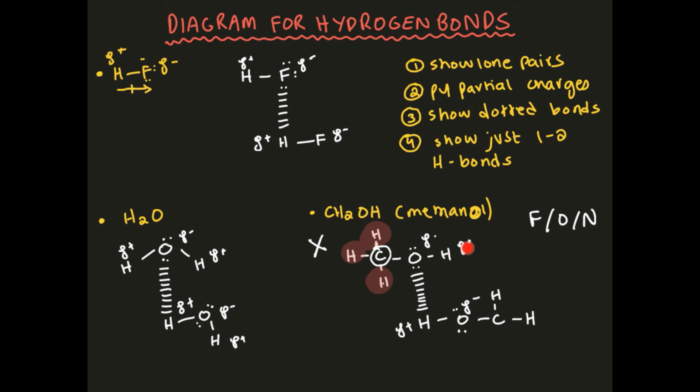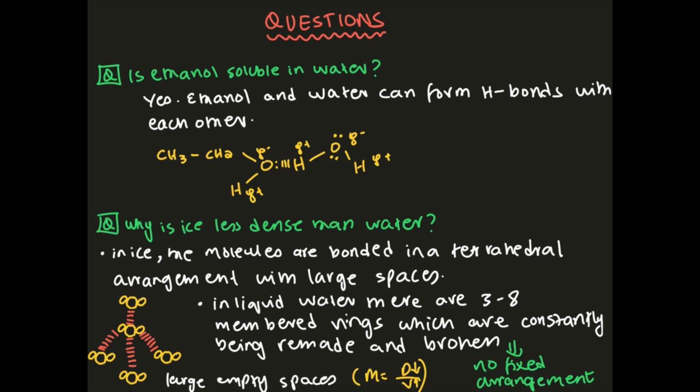However, this hydrogen is bonded to an oxygen, so because of that, it can take part in hydrogen bonding. So you're going to make the lone pairs. Since oxygen has 2 lone pairs, you make 2 lone pairs over here. Then you're going to mark the charges. So oxygen is partial negative and hydrogen is partial positive. And then you're going to do the same thing on the other molecule and you're going to make the dotted bond. So this is how you make the diagrams for hydrogen bonding.